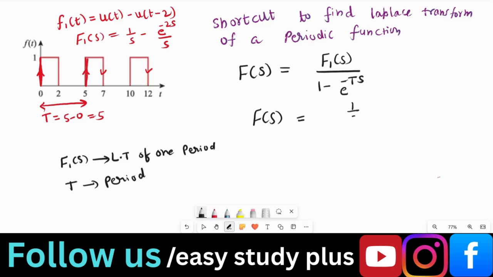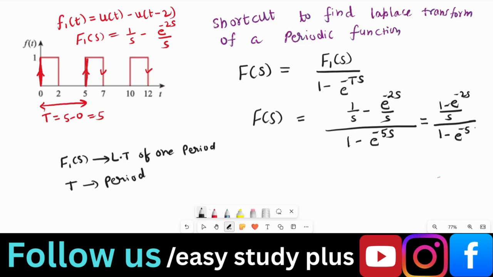1 over s minus e raised to the power negative 2s over s, divided by 1 minus e raised to the power negative 5s, since the period is 5. Okay, you can simplify it. It becomes 1 minus e raised to the power negative 2s over s, divided by 1 minus e raised to the power negative 5s.